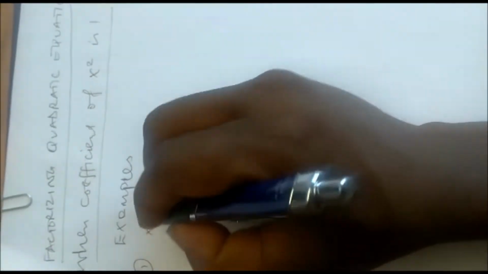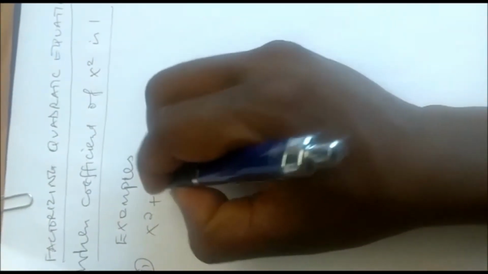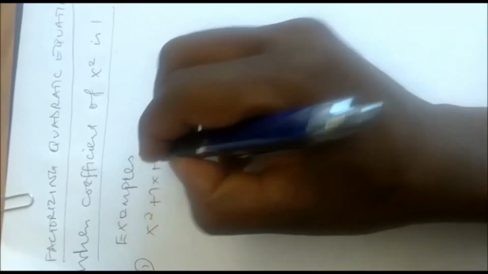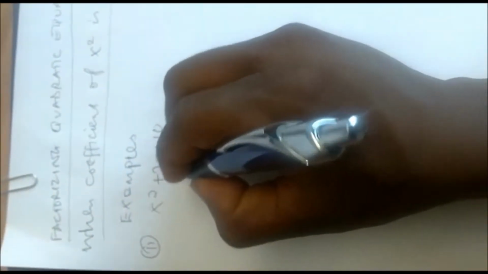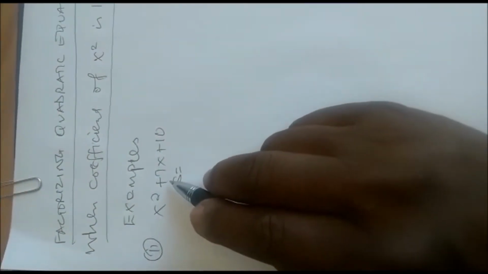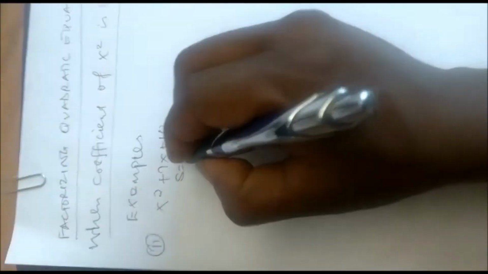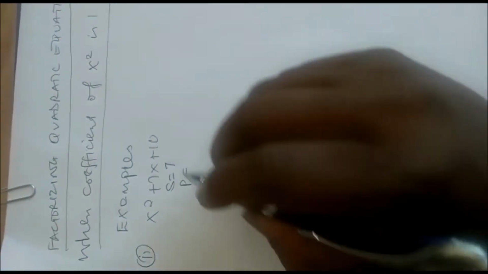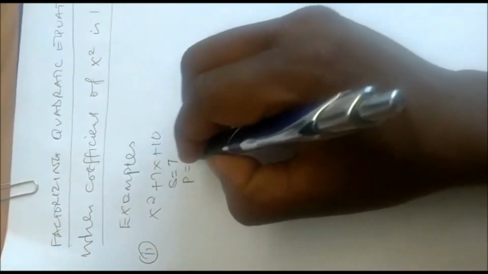When we are given an expression x squared plus 7x plus 10, this is a quadratic expression. So for us to factorize, what we do is, the sum in this case is the coefficient of x, which is 7, and the product is given by the constant, which is 10.